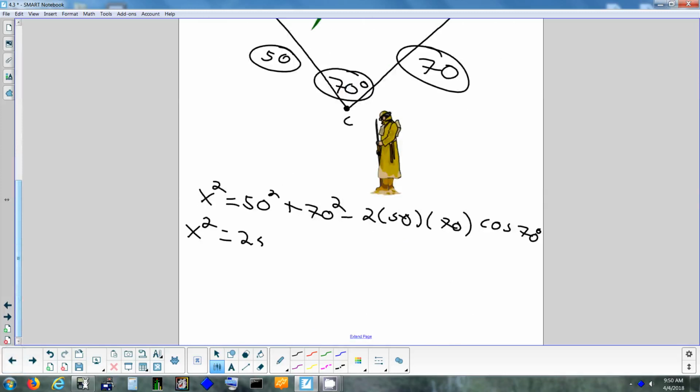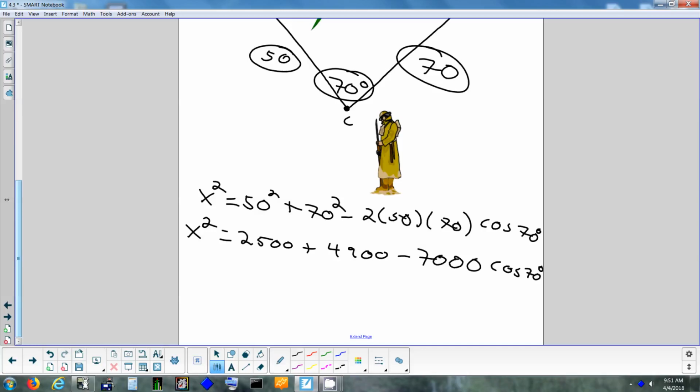Yep, 2,500. 70 squared, 4,900. What's 2 times 50 times 70? Yep, because 2 times 50 is 100. 100 times 70 is 7,000.